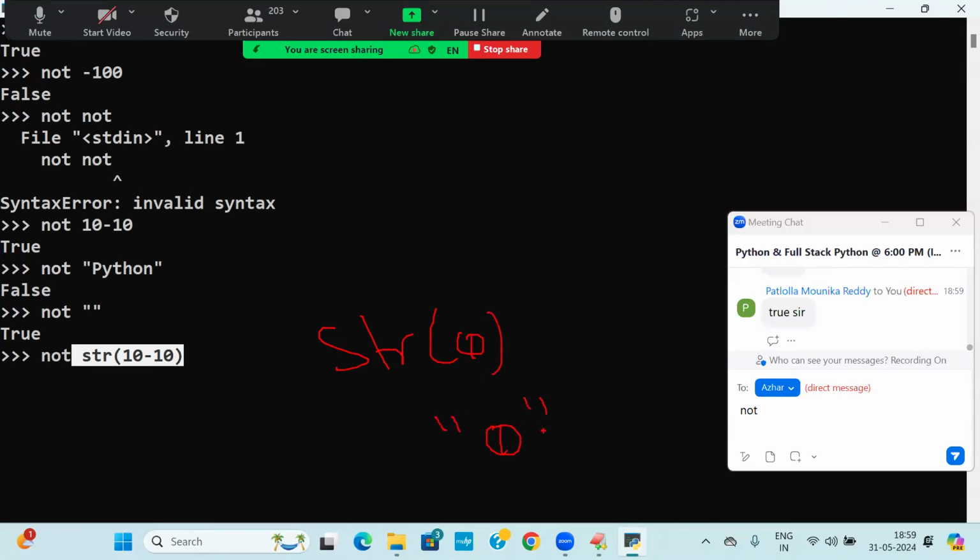What is the str of 0? Length 1. Not 1. False.